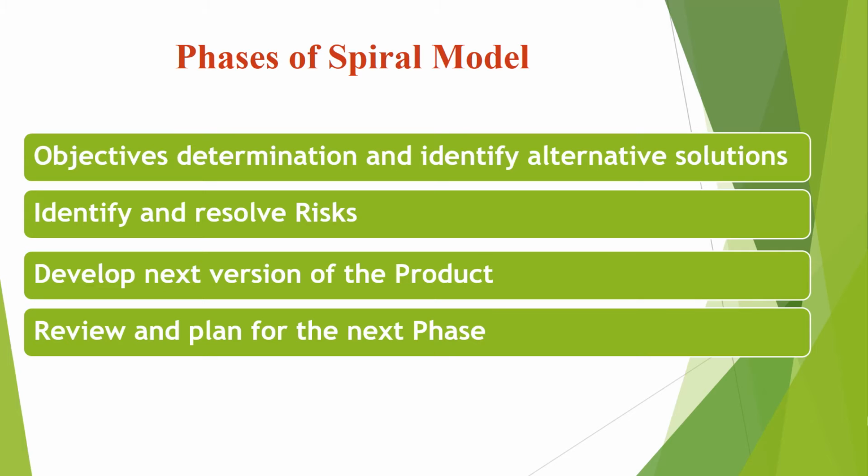The alternatives are evaluated, potential risk areas are identified, and efforts are made to resolve the risk. Then the third phase is develop the next version of the product, meaning the engineering phase. In this phase, the development and verification of the next level product is done using activities like prototyping and simulation.